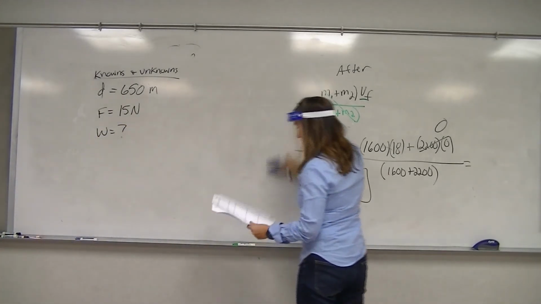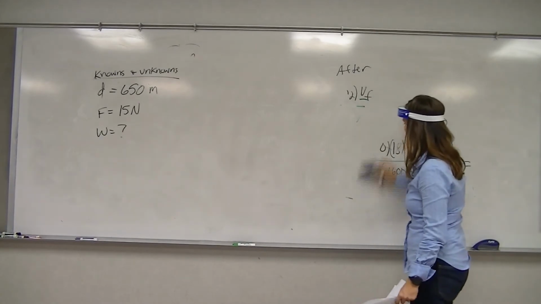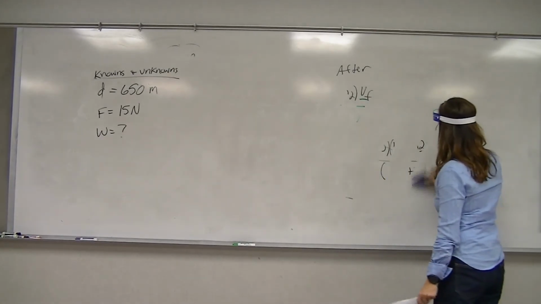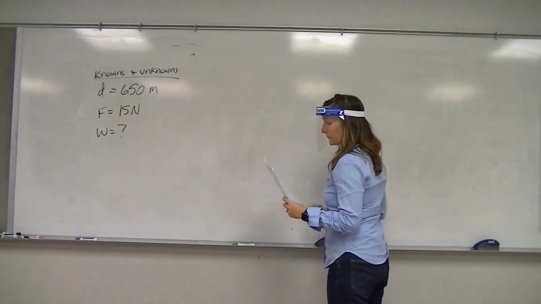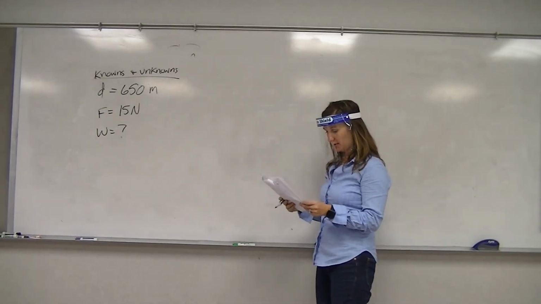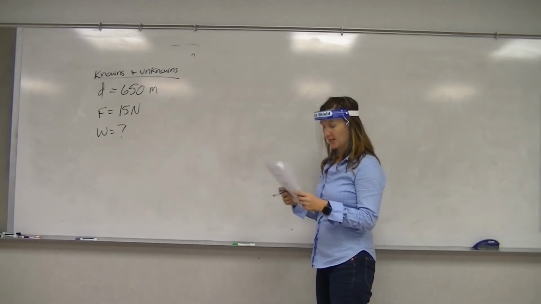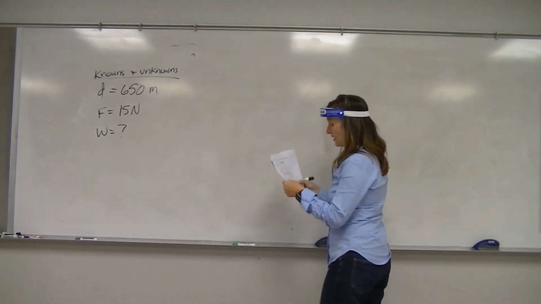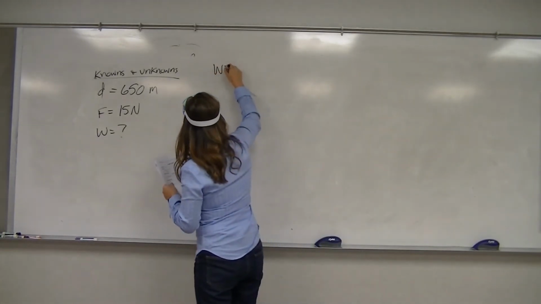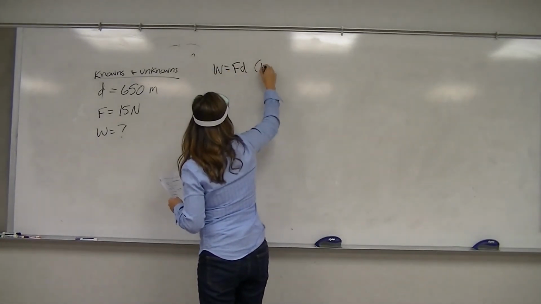So when you look at your work equations, you have two. You have linear work and vertical work. So if you look at your equation sheet, it's under the energy equations because work is a form of energy. We have W is equal to FD, so this is the linear.